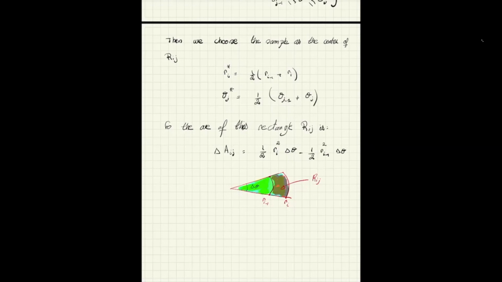All right. Let me just check if I have the notations good. Delta r.